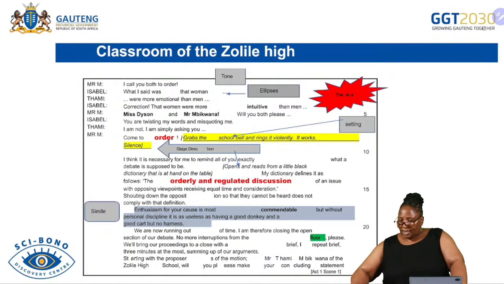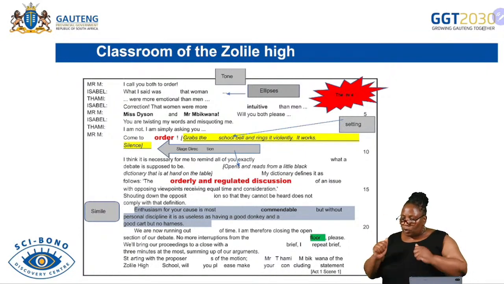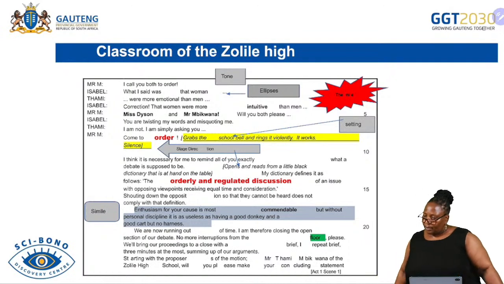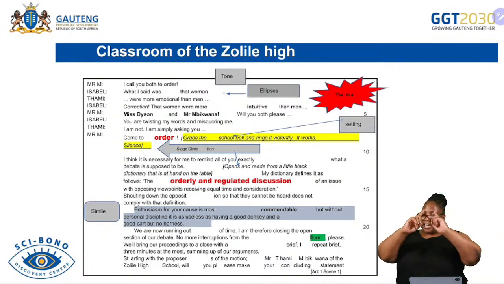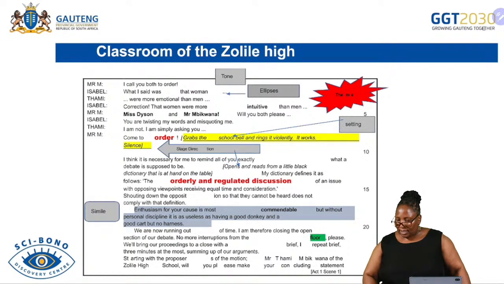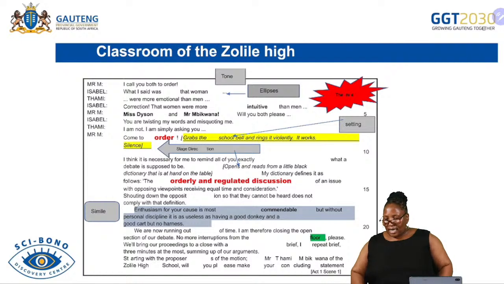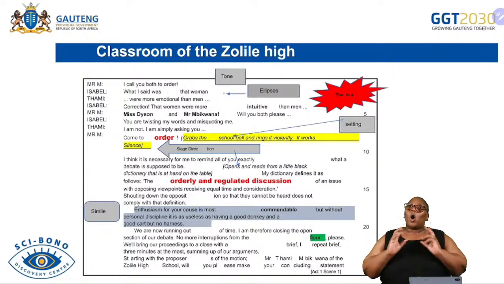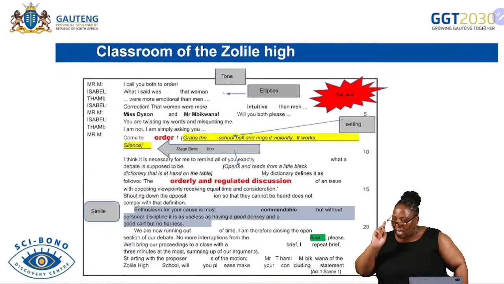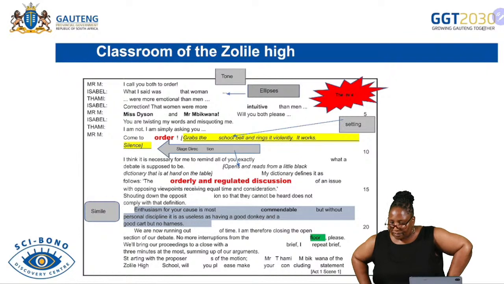Mr. M continues. I think it is necessary for me to remind all of you exactly what a debate is supposed to be. He opens and reads from a little black dictionary that is at hand on the table. My dictionary defines it as follows: the orderly and regulated discussion of an issue with opposing viewpoints receiving equal time and consideration.